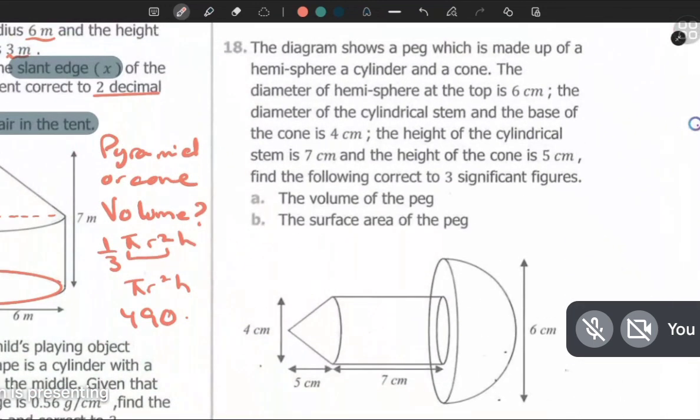Okay, try question number 18. Try giving me an explanation as to what you will do. First read the question and then tell me how you will go about it.